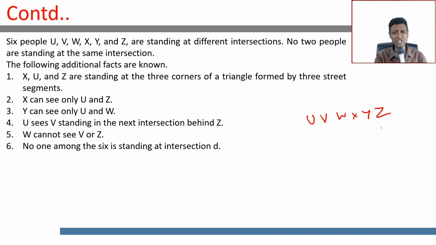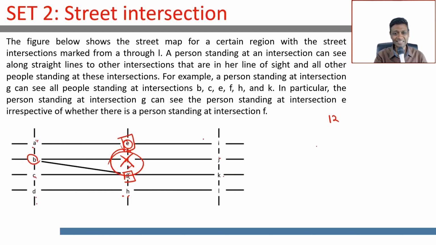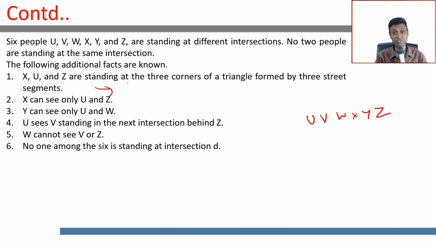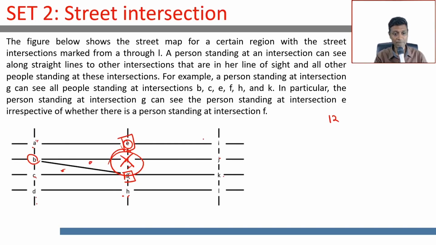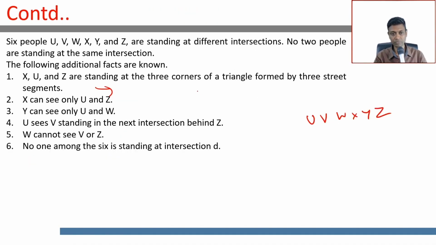The following additional facts are known. X, U, and Z are standing at 3 corners of a triangle formed by the 3 street segments. Triangle. Only triangles formed are here and here. So straight away, this is referring to either BCG or BFG.